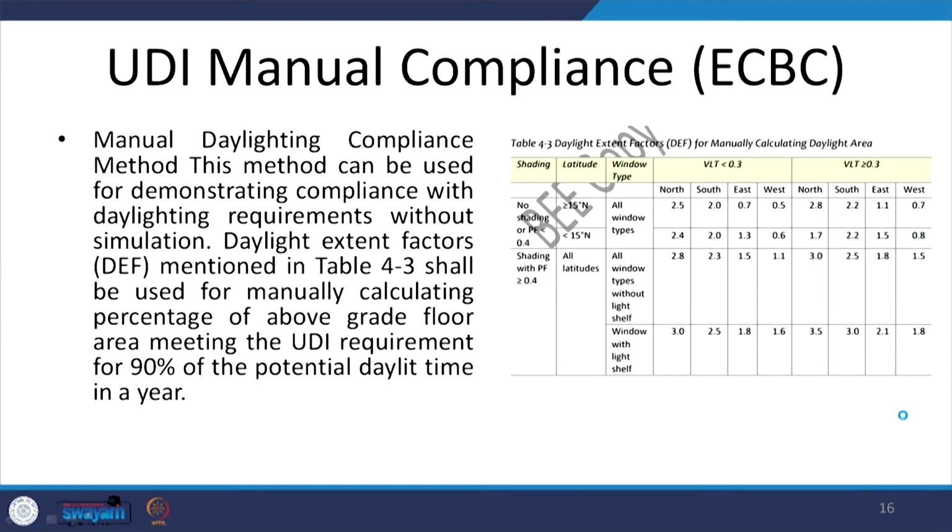If we look at the ECBC requirement which are given for manual calculations, you would find this table 4.3, which gives us the DEF values or daylight extent factors for the daylit area.